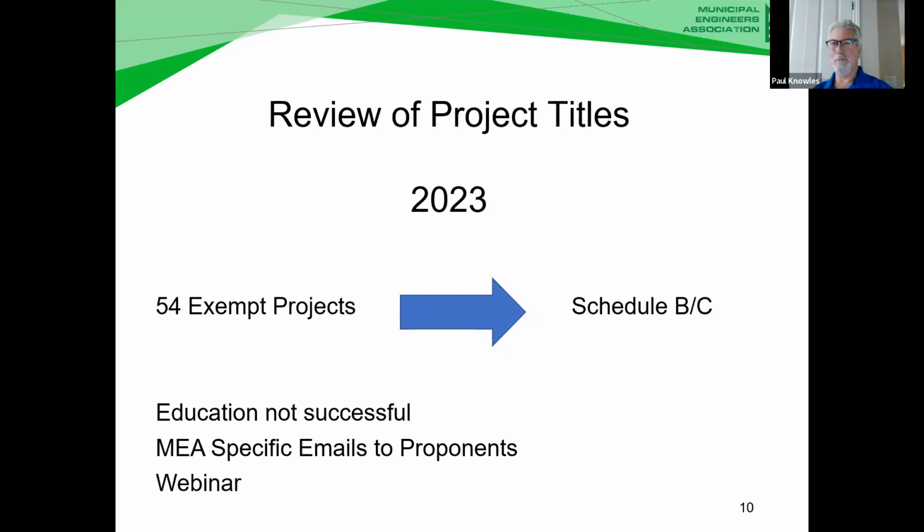And so many of you maybe have signed up for this webinar because we sent out emails to all proponents. Here we have a list of 244 active projects with the contact.